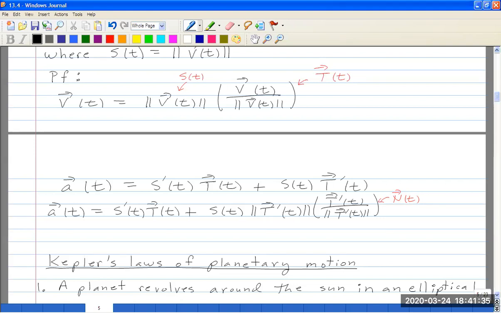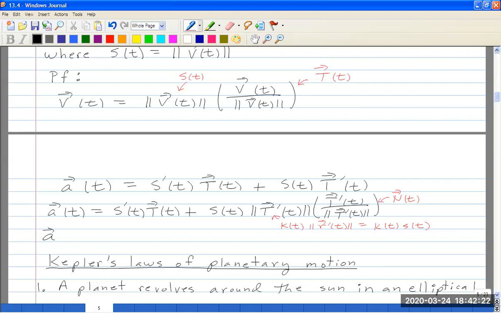And this is the curvature times the norm of R prime, which is the curvature times S prime.